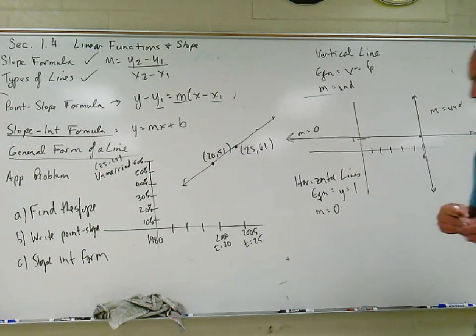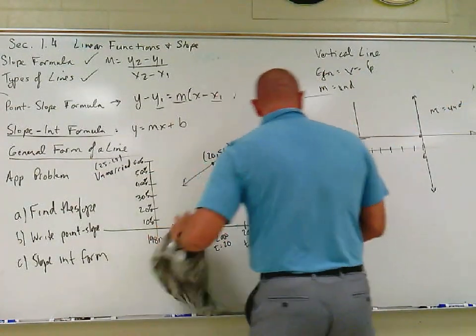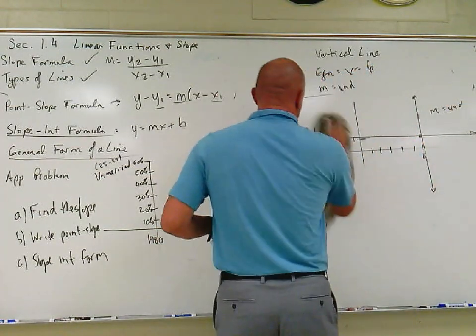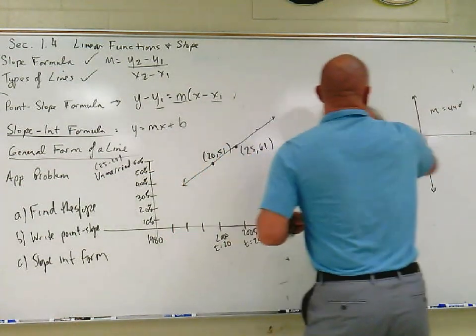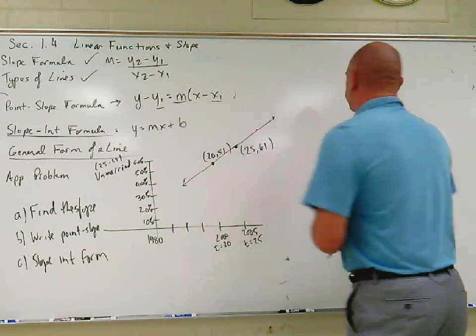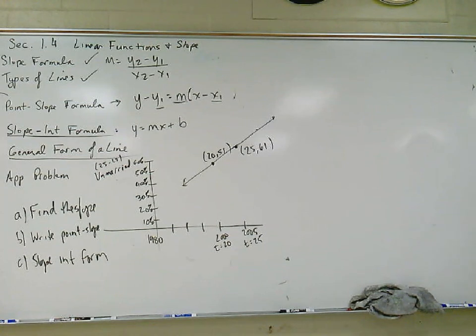Okay. So find the slope, find the point, write the point slope form out. Don't simplify, just write it out, and then use that to get your slope intercept. Does that make sense?